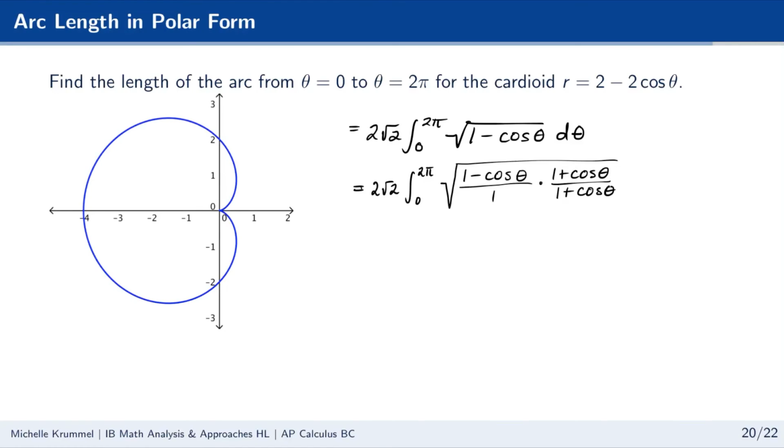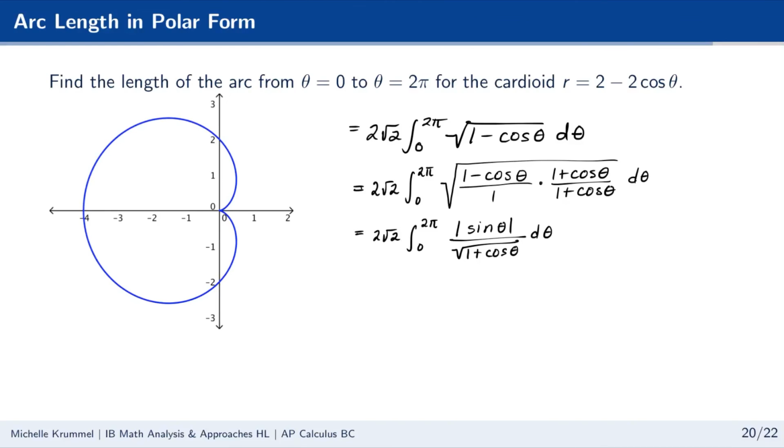Not sure if this is going to work, but it looks promising because the numerator now is going to be 1 minus cosine squared θ, which I can convert to sine squared θ. And the square root of sine squared θ is going to be the absolute value of sine θ. And then I still have the square root of 1 plus cosine θ in the denominator, dθ.